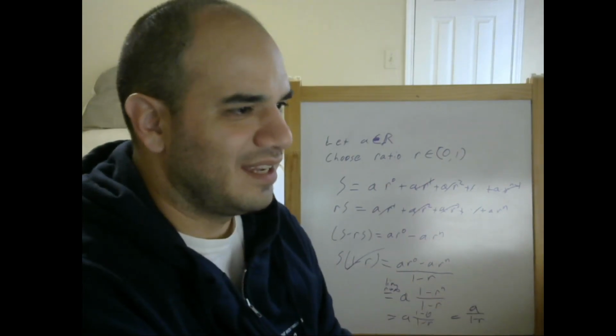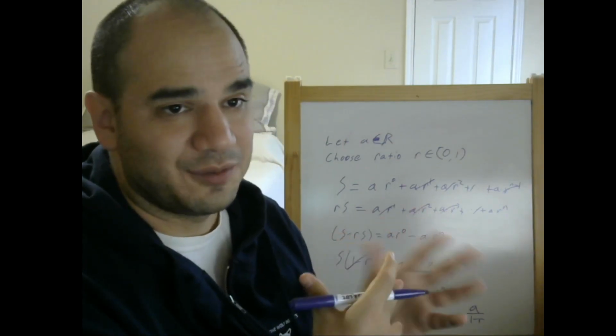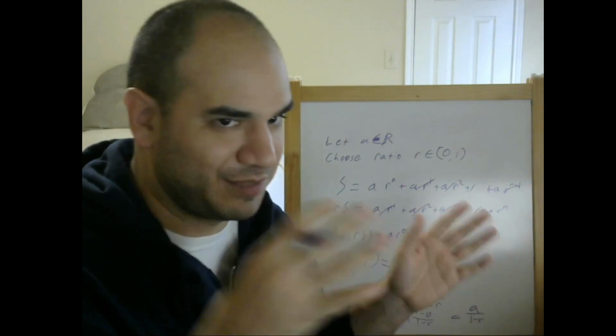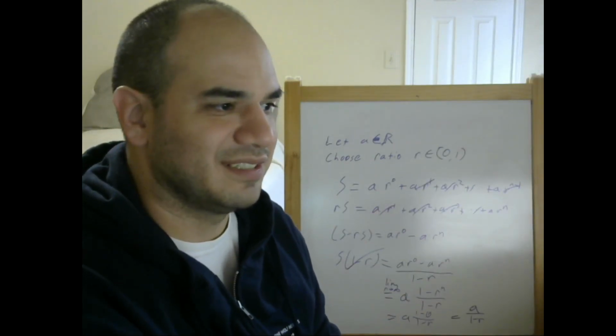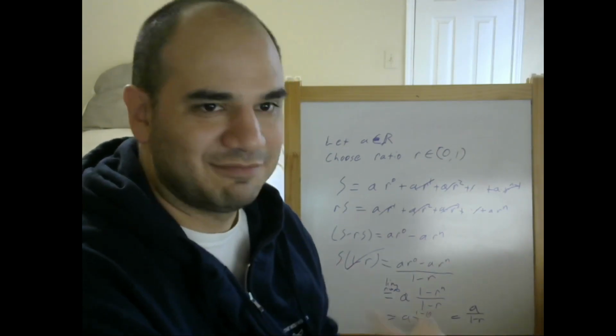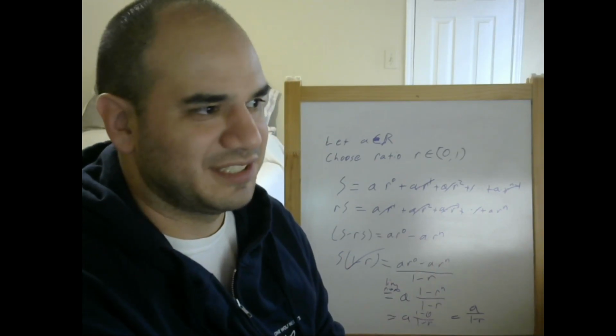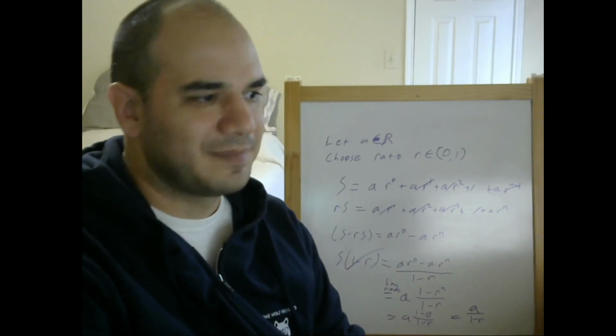Right? And again, that's if the absolute value of the ratio is between 0 and 1. So something that can disappear as you continue to take those additional terms. Okay, so that's the concept behind geometric series and the logic for deriving that formula.